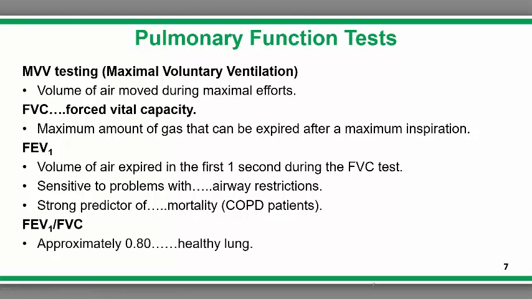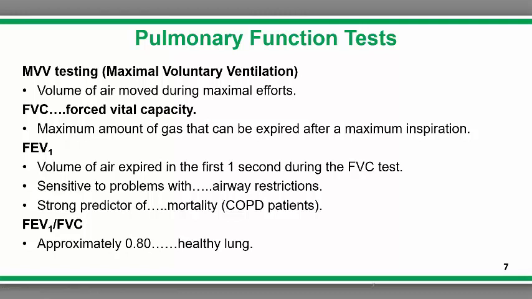Now, in the healthy lung, the ratio of the volume of air pushed out in the first second to the total amount of air should be approximately 0.8 or 80%.